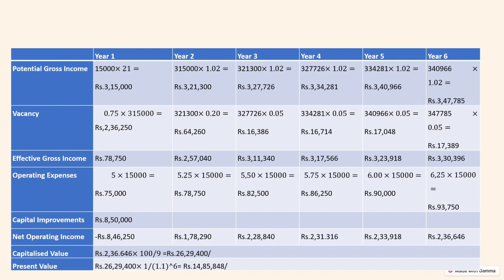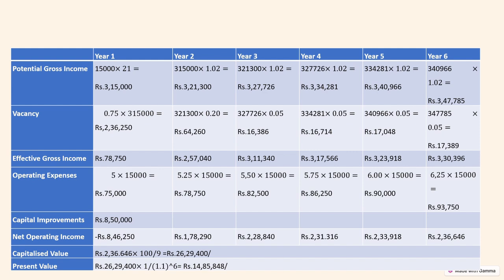In the second year, the rent will be increased by 2%. So 3,15,000 into 1.02, the rent will be 3,21,300. Vacancy rate will be 20%.